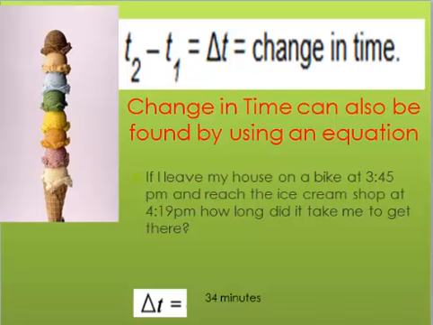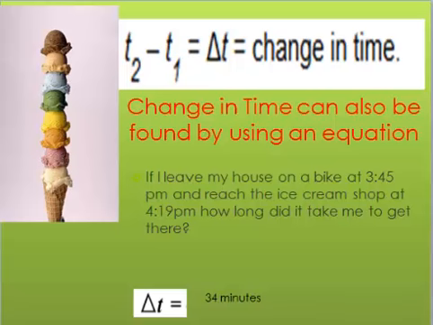If I leave my house on a bike at 3:45 p.m. and reach the ice cream shop down the road at 4:19 p.m., how long did it take me to get there? Now, in some situations, the equation is very useful, and then in others, it may be just as easy to work it out on your own.